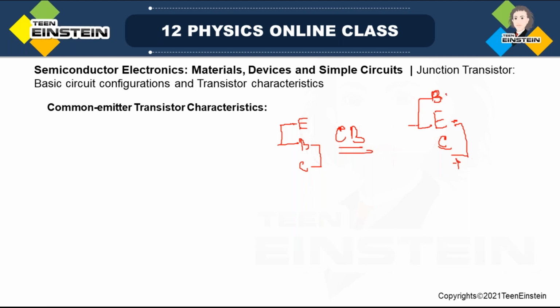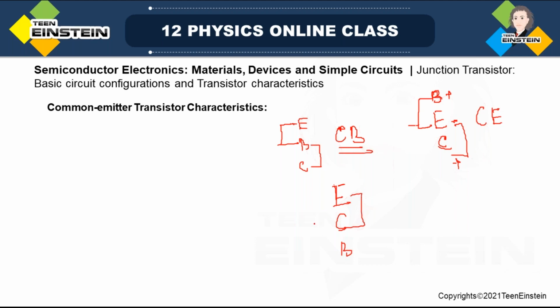Here it is positive. Again, this is also a positive terminal to the battery. This configuration is called common emitter. So C for common, E for emitter. Here C for common and B for base, common base configuration. I can similarly have common collector also. I'll write: I can have a common collector circuit.